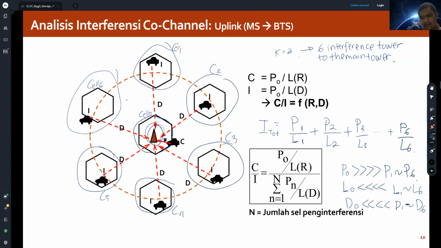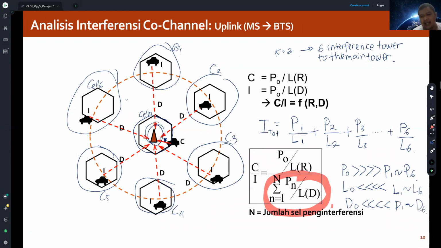So to make it simpler, we could use this formula. The power of C2I will be equal to the power divided by loss of the first tower, or the initial tower, divided by the total of power divided by the loss itself.